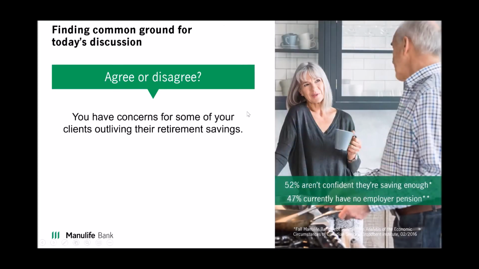And when we take that a step further, would you agree that despite your advice and efforts in helping your clients save for retirement, you have concerns for some of your clients outliving their retirement savings? We know clients are living longer, more active lives, yet our own debt survey found that 52% were not confident they are saving enough.